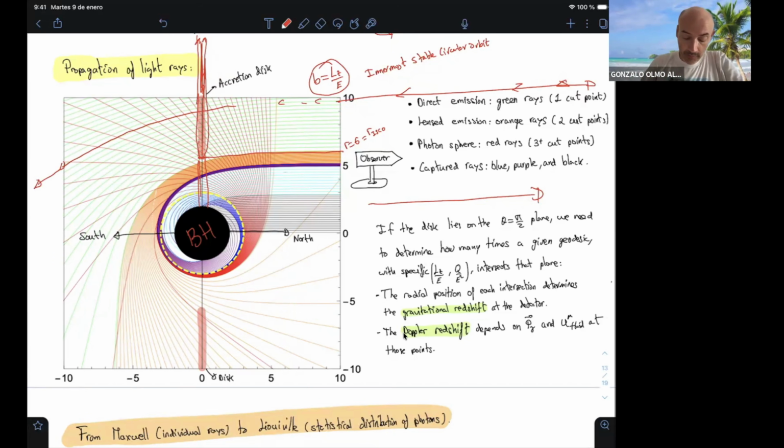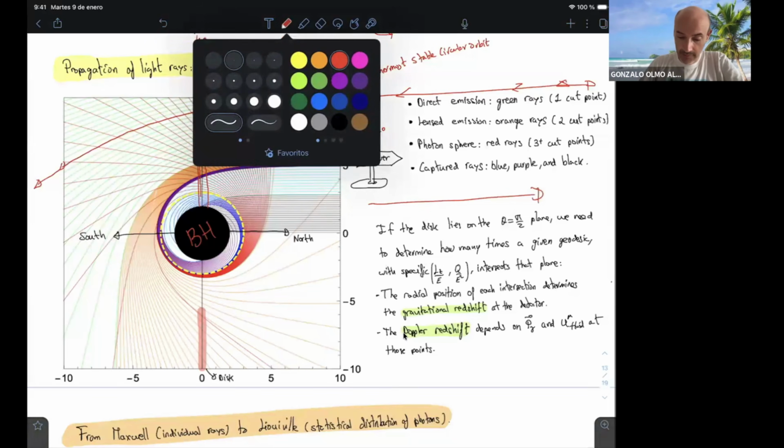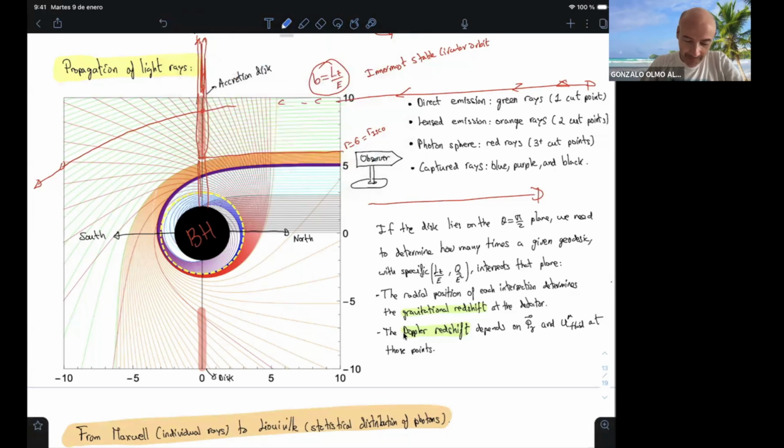Note that this geodesic intersects the accretion disk at this point. Let me use a different color because this is becoming dirty. Blue. Let's say that the geodesic hits the accretion disk at that point, and what that means is that a photon emitted from this point may follow this path and then reach the detector very far away at infinity.